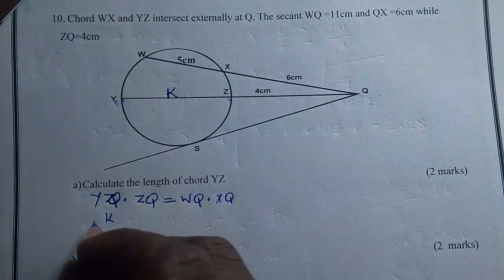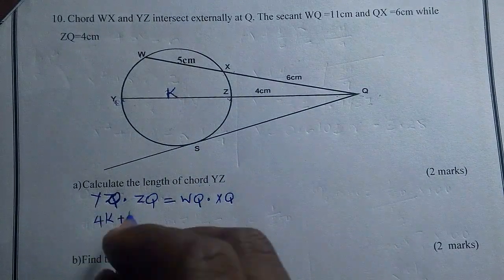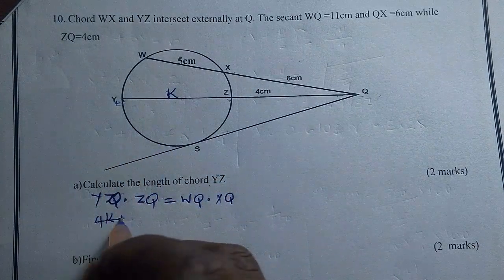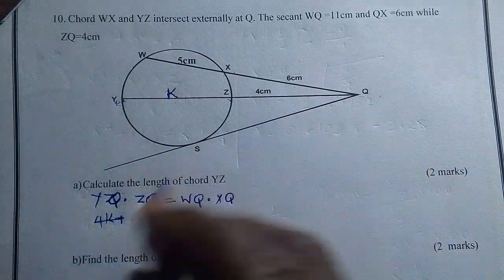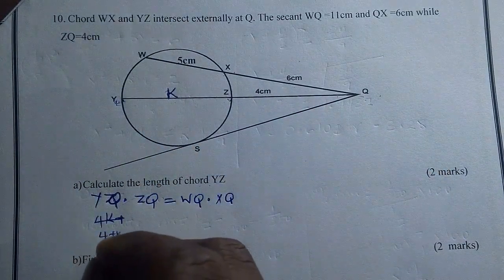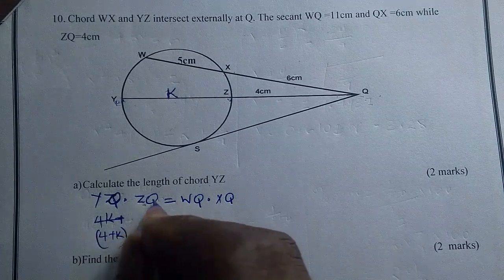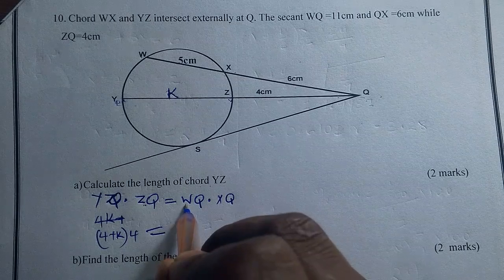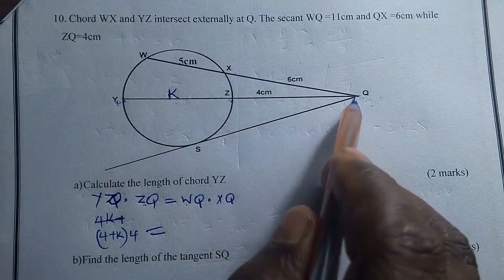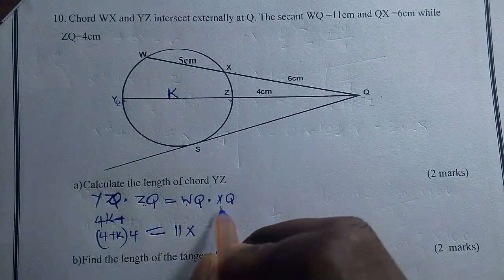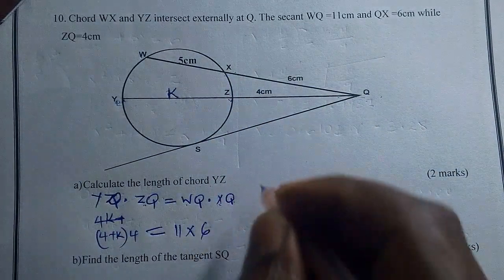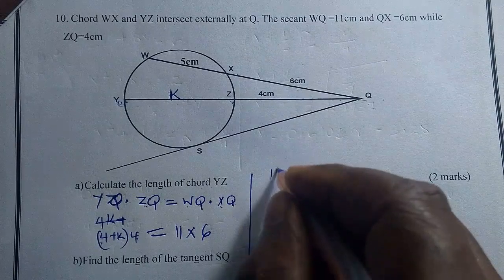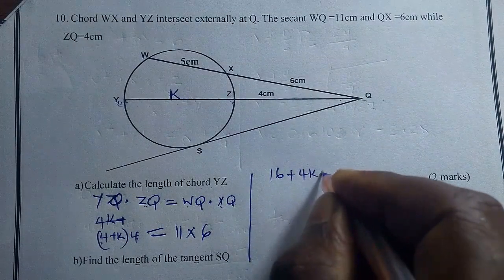From here up to here is 4 plus K, then multiply with ZQ, which is 4, is equal to WQ, which is 11, times XQ, which is 6. This times this, that is 16 plus 4K equal to 66.